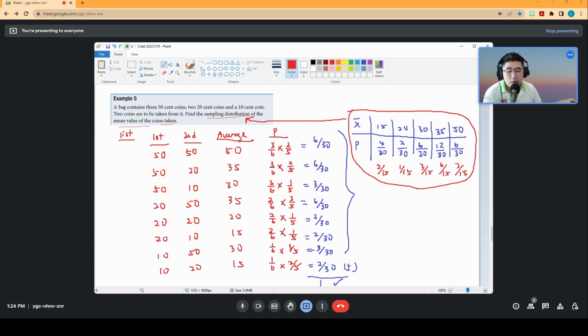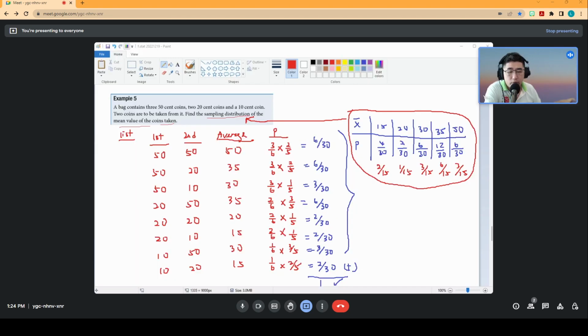Then next, let's go through example by example. What if I have this question?